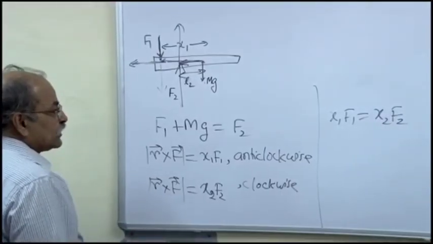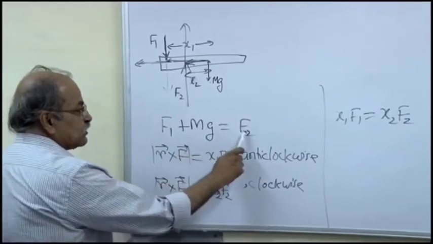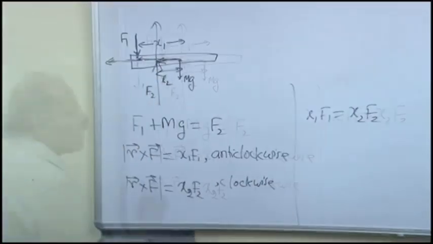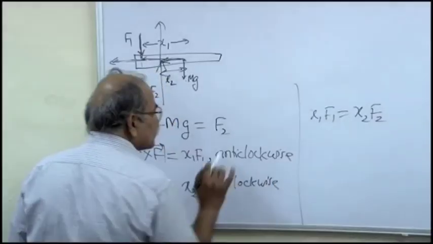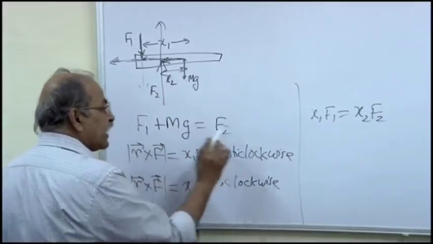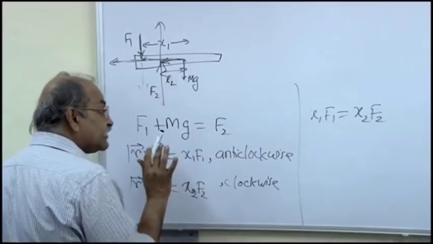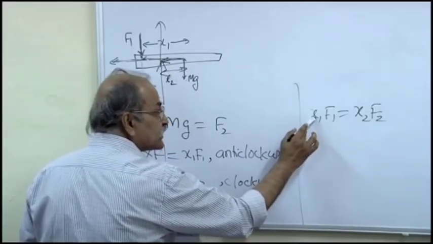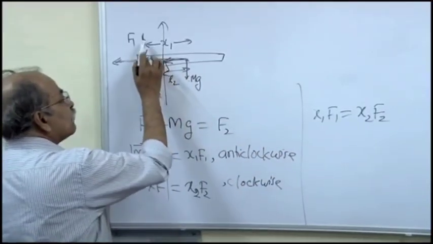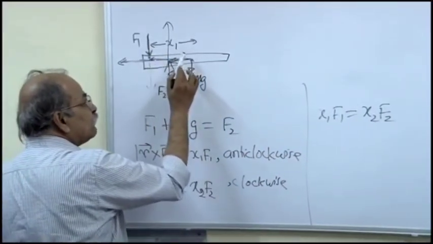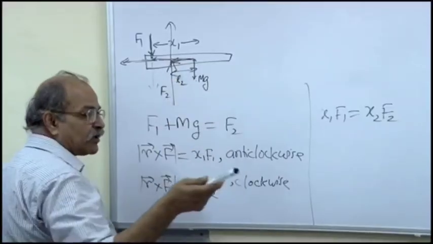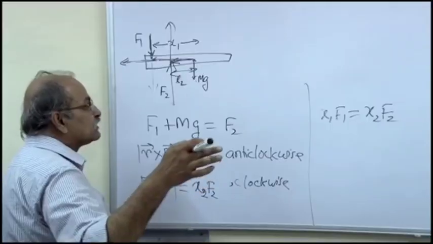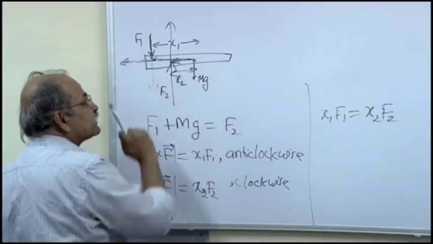So now you have two equations: F1 plus mg equal to F2, and x1 F1 equal to x2 F2. From these two equations, you can find F1 and F2. Other things are known. What are the other things? X1, the distance of this F1 from the center, where I am applying the downward force, where I am putting my thumb. One can measure that distance.